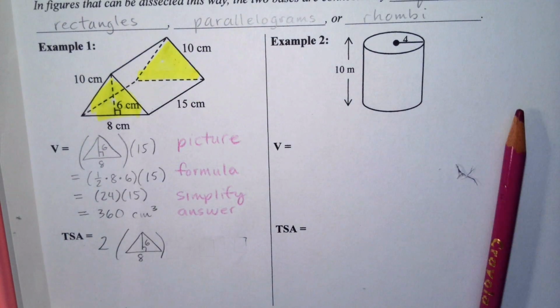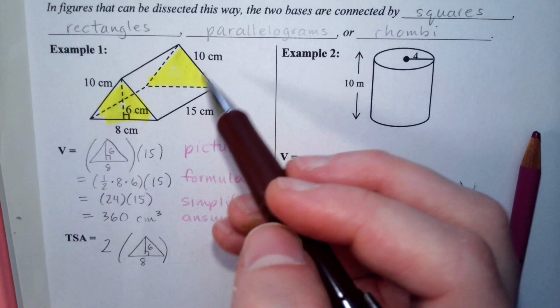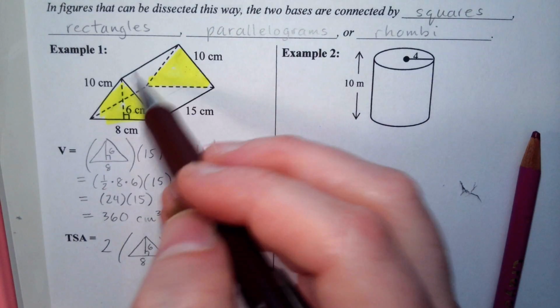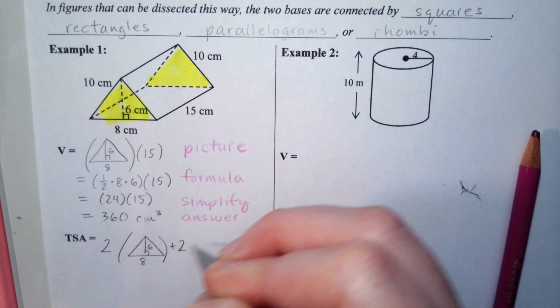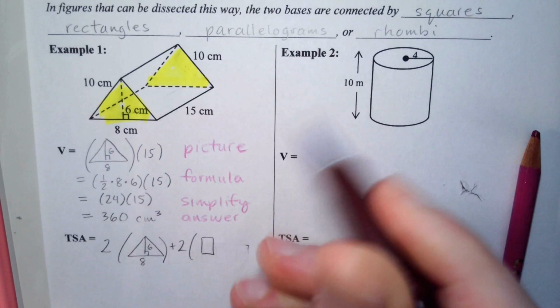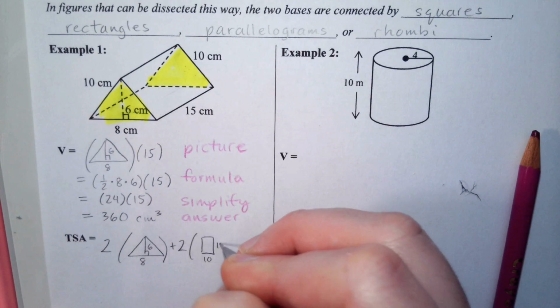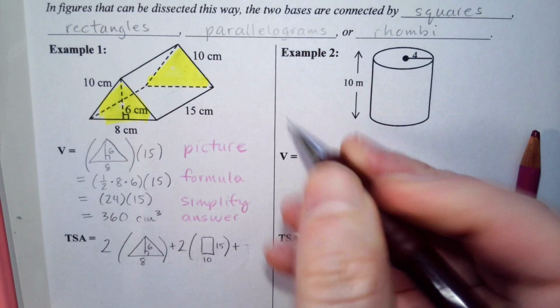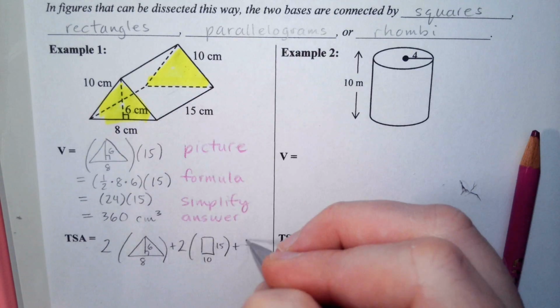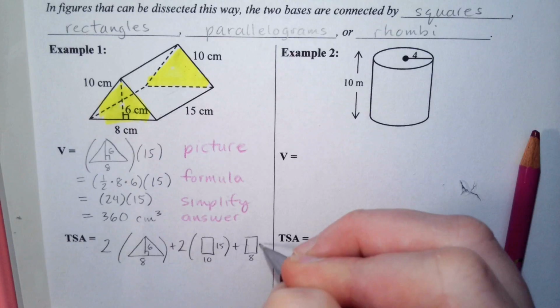When it comes to the rectangles, we have 2 of them that are congruent, the one on the right and the one on the left. So I'm going to write 2 and then draw a picture of those rectangles, which are 10 by 15. And then I have the rectangle on the bottom, which is 8 by 15.